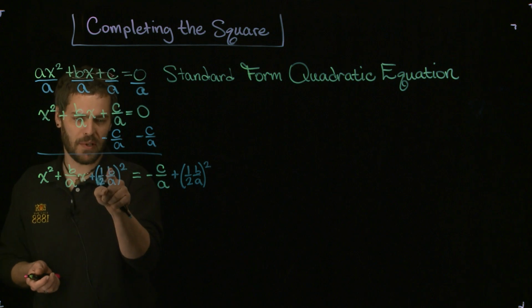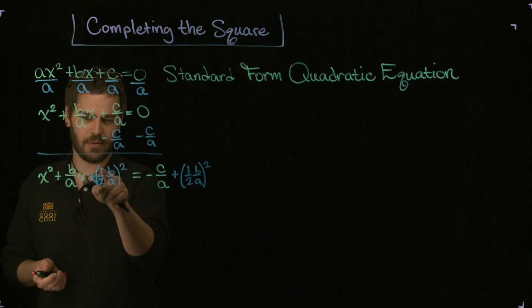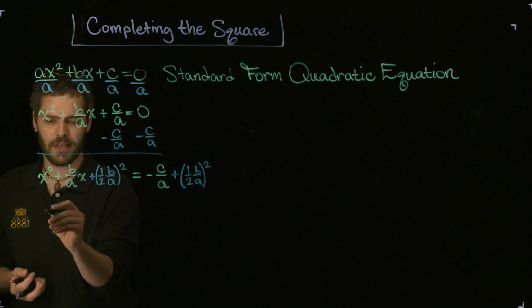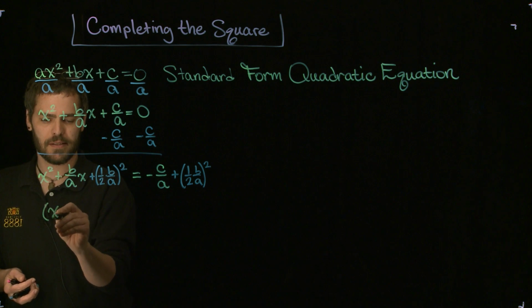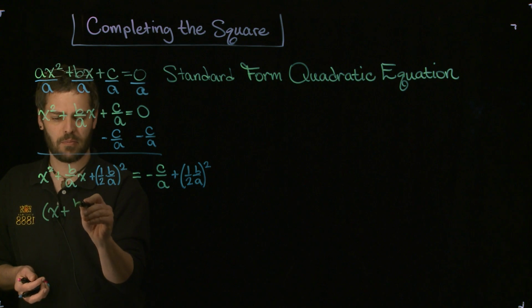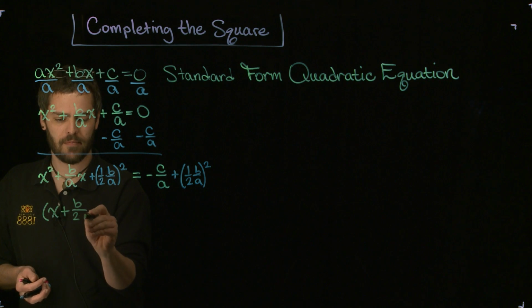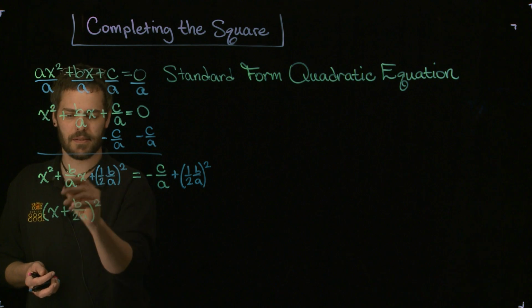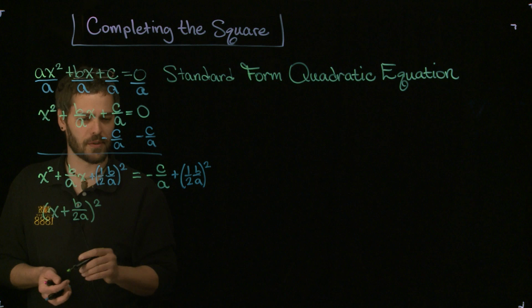Now this half b over a is just b, 1 times b is b, over 2a. So the binomial we end up with over here is x plus, because there's a plus here, b over 2a quantity squared. This binomial squared is this trinomial.